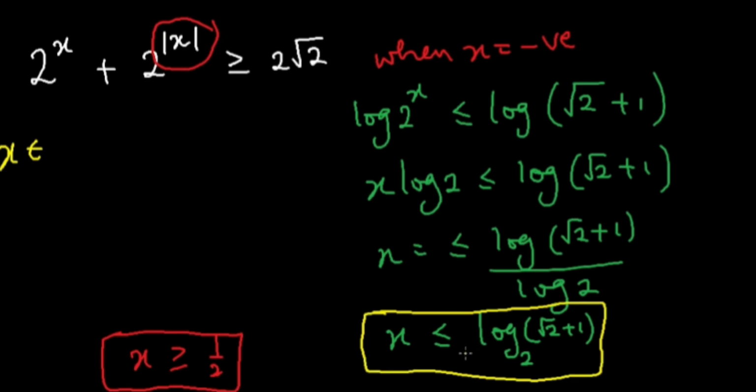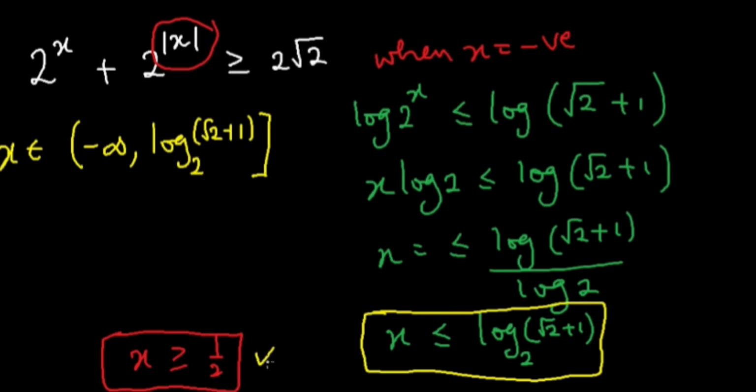That means from log root 2 plus 1 downwards. So I'll open the bracket, this is an open interval, then log base 2 of root 2 plus 1 is included, so I'll close it. As well as this second one, it means that half is included, but it's half upward, so it's going from half to where we don't know.